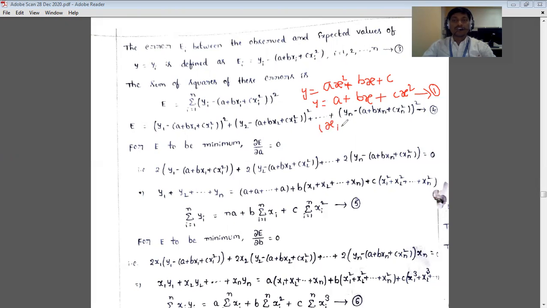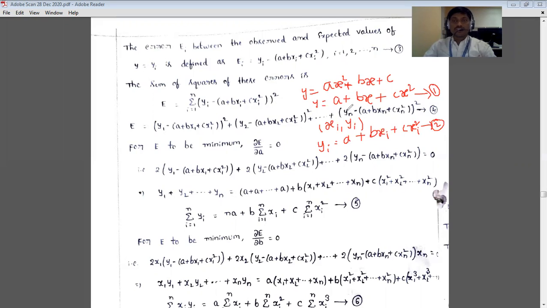By substituting that, obviously it satisfies, so we can write yi is equal to a plus bxi plus cxi square. Take this as equation 2.